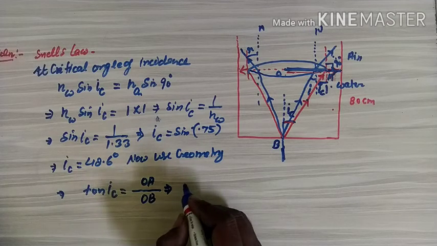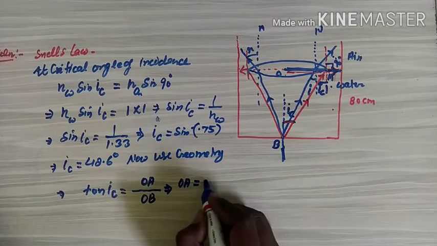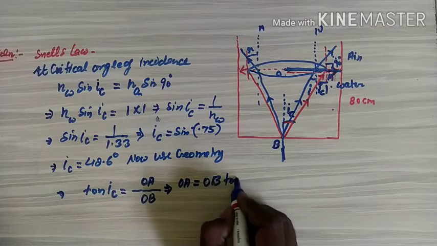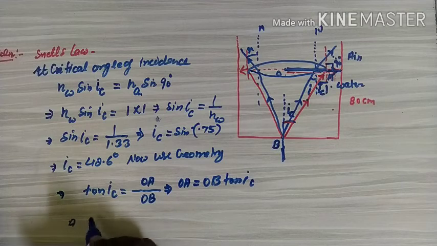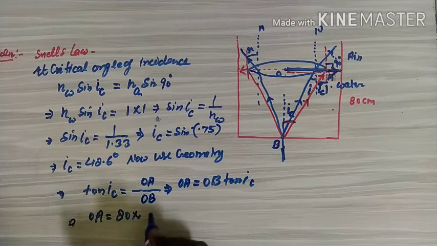So OA is equal to OB tan iC. OB, students, that is the water depth, 80 centimeter. So OA equals 80 tan iC.